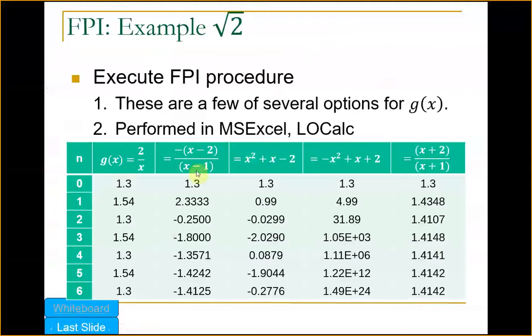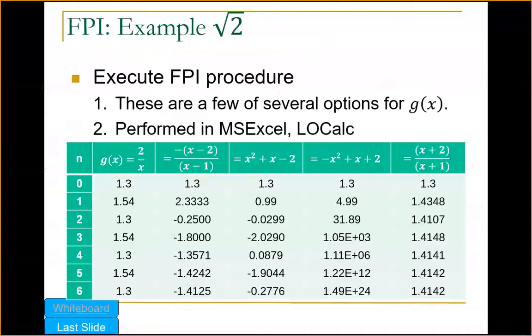All of them intersect the y equal x line at the same value, because all of them start with the same x equals square root of 2, and we just manipulate it and come up with different forms, so that on one side of the equation is just x and the other side of the equation is a function of x. Okay?